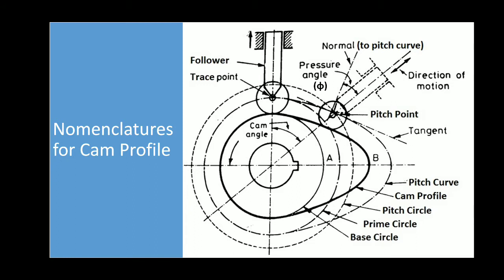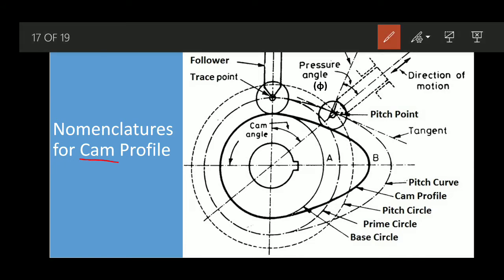Initially, whenever we are talking about the cam profile, it is nothing but the surface which is in actual contact with the follower. It is the actual working curve of the cam, and it gives us the shape of the cam.